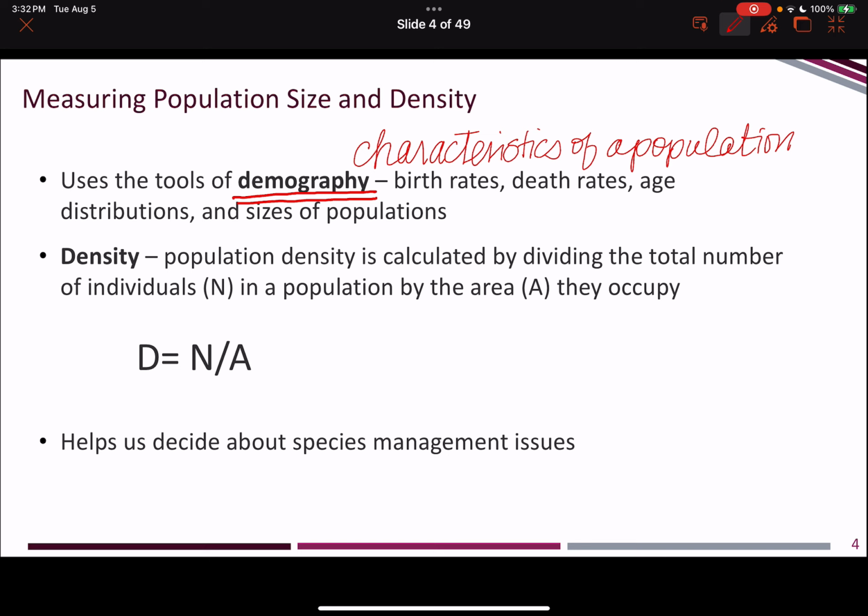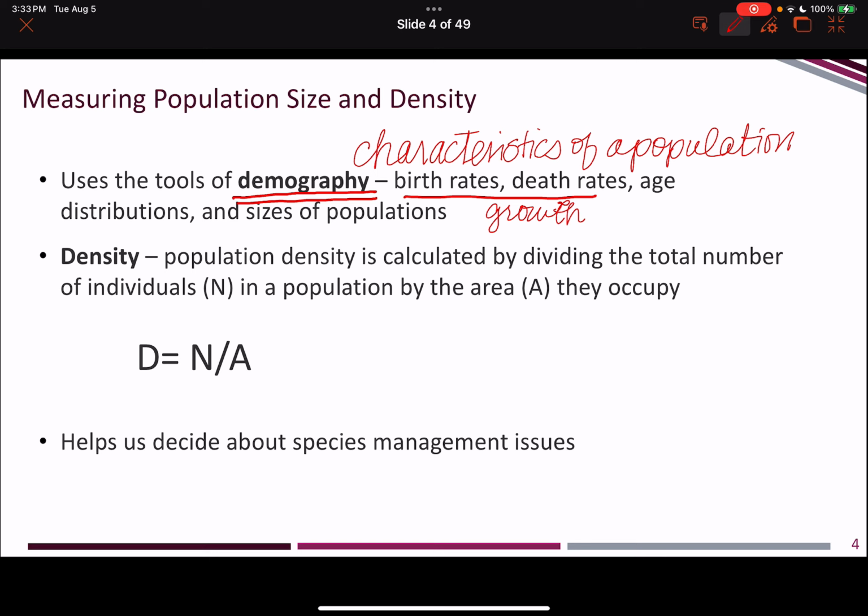And just like our definition of population, the information that you need about those organisms is going to change depending on what you're studying. But some of the things that we might study when we are looking at the demographics of a population are their birth and death rates, because this is going to talk to us about population growth and population size. We can also look at age distributions. So age distributions are going to affect when organisms are having children.